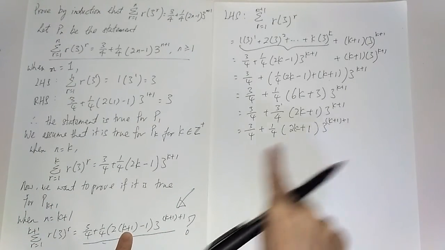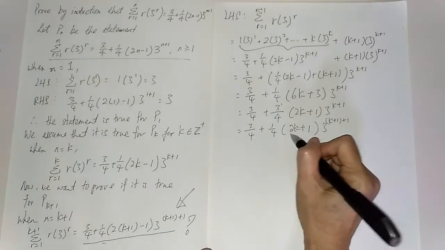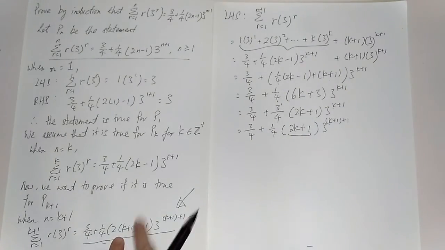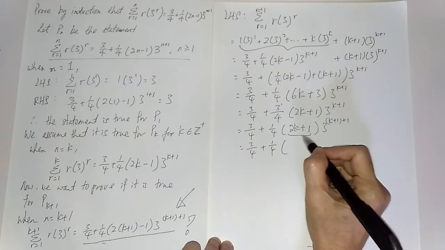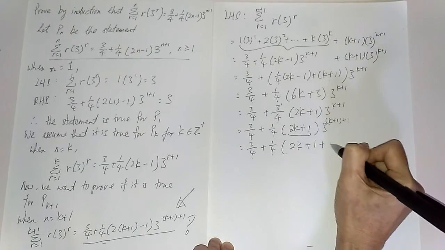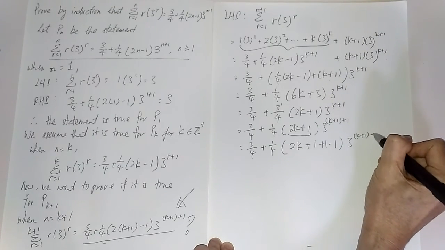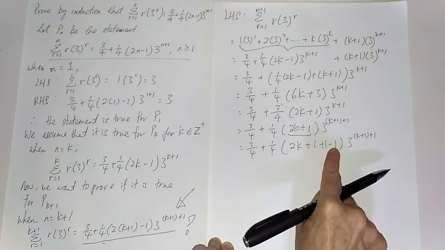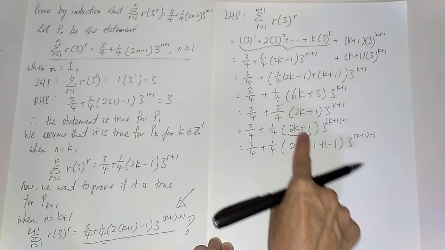If you look at the two expressions, this is 2k, and the other is 2 times (k+1) minus 1. So how do we make this equal to this? We make it 2k plus 1 plus 1 minus 1. Plus 1 minus 1 is 0, so we didn't change the original expression.